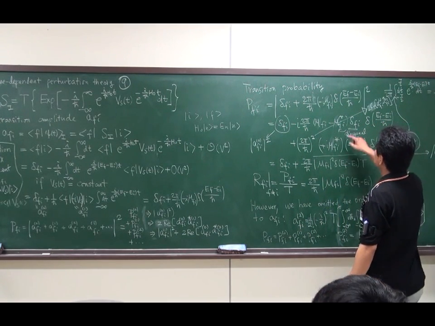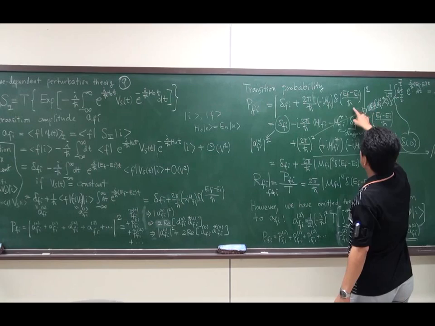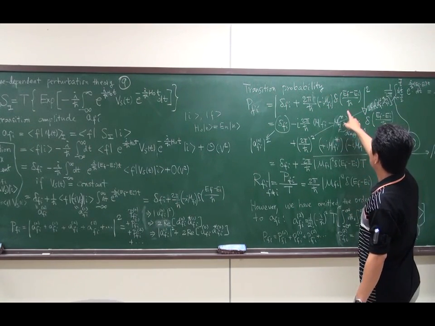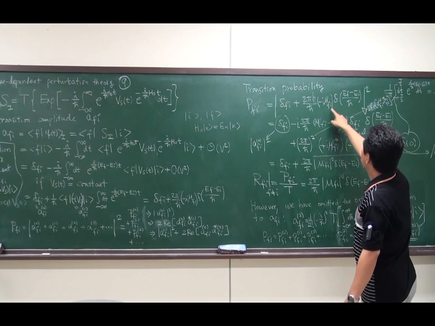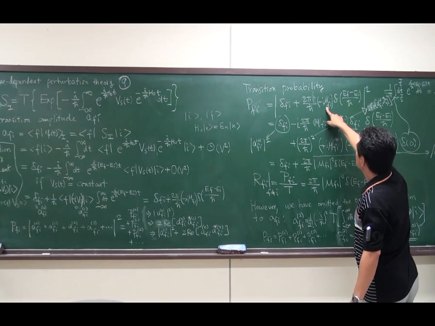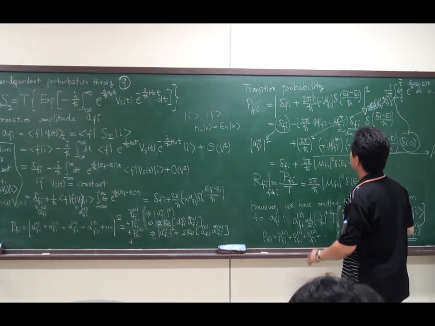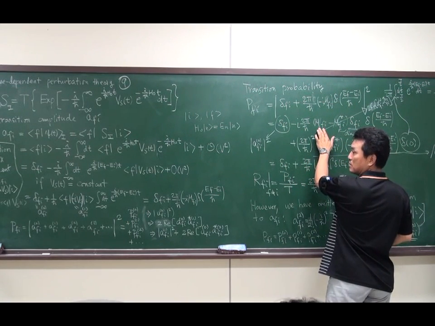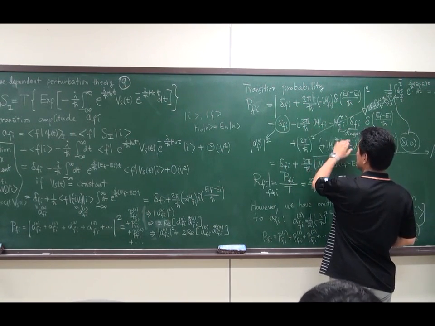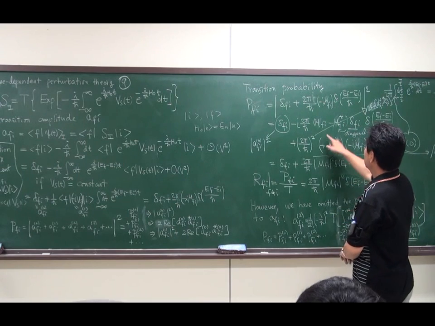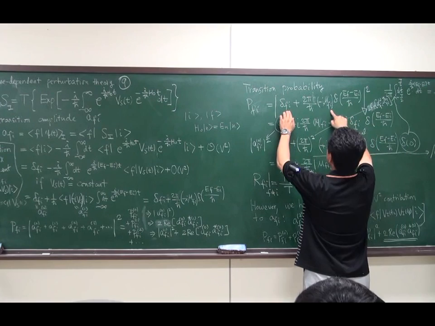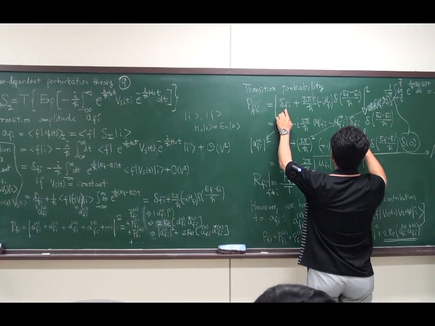And this was the case for the first order term. Okay. I have 2 times the real part. If I put this guy in here, 2 times the real part is like that. However, this guy is multiplied by delta Fi.